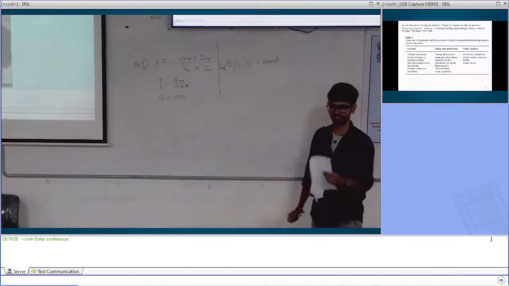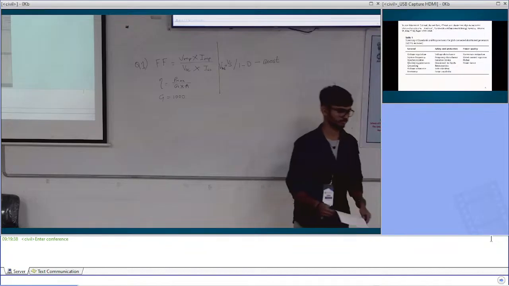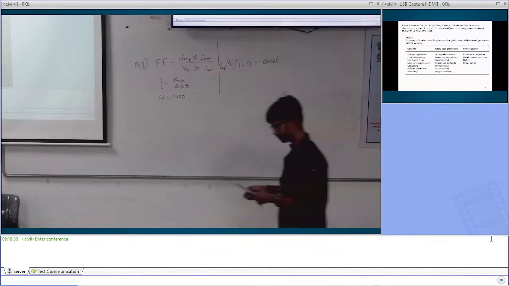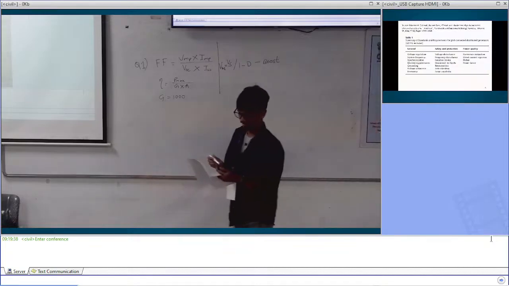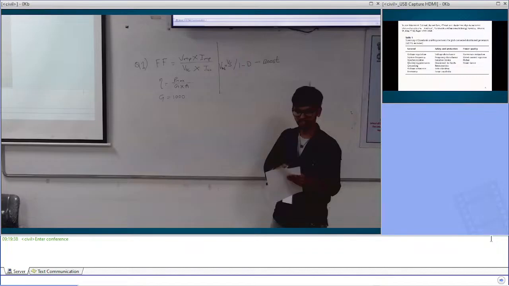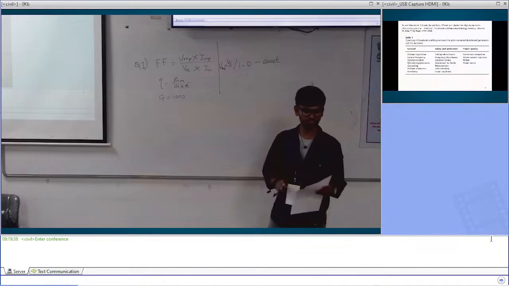So, listen everyone. For the first question, we have given open circuit voltage, VMP, short circuit current and IMP, and we have given the module dimensions.